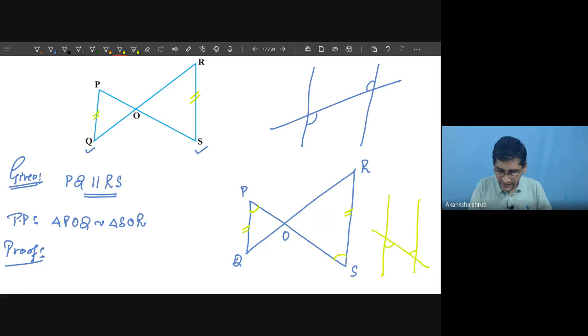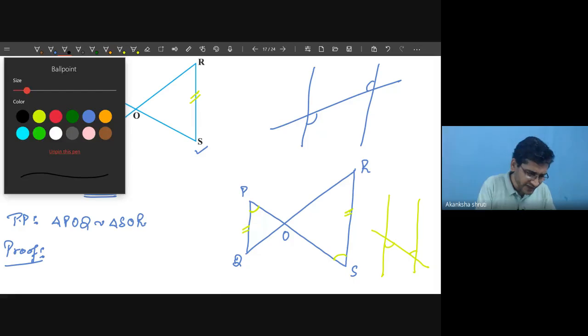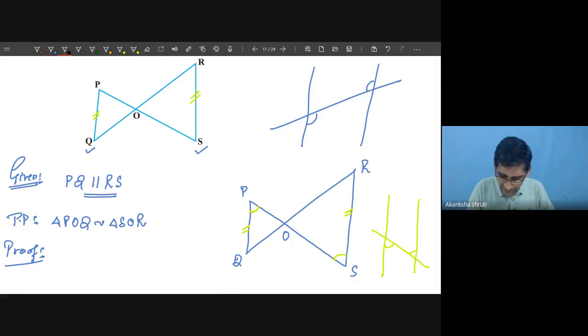Similarly, considering this QR as the transversal, we can allocate for the angle Q is equals to angle R. So what we are observing? In the triangle PQO and triangle ROS, the two angles are equal, and obviously the third will be equal.